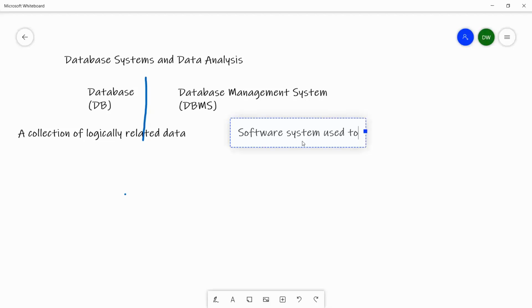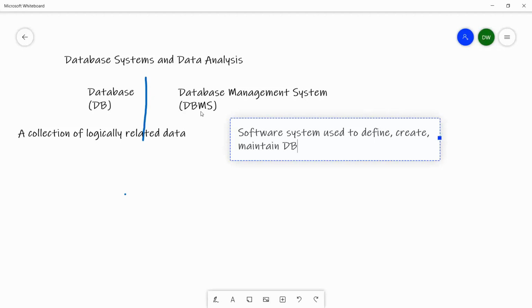So in this database management system, we have a software system that we can use to define, create and maintain the thing which we call a database, right?